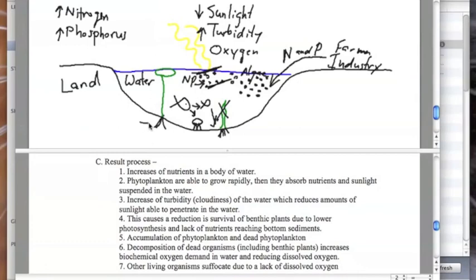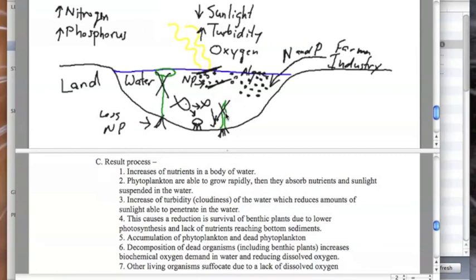So there is less nitrogen and phosphorus at this lower level. So this plant is unable to get its nutrients, so it could also be affected by the increase of phytoplankton at the surface.